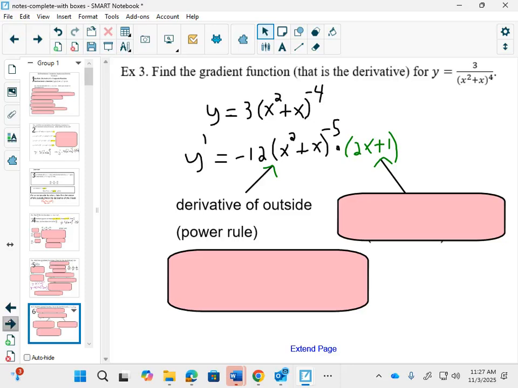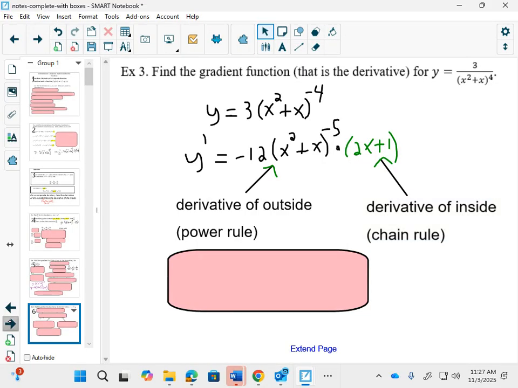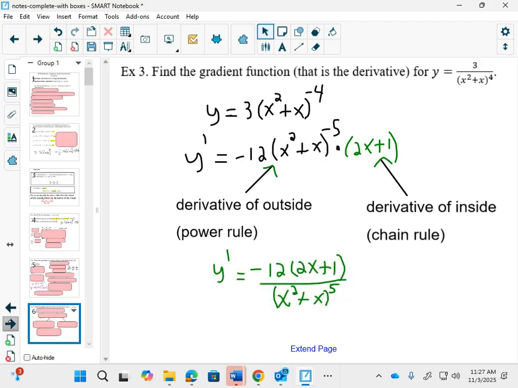The chain rule has that as well. You first do the derivative of the outside function, you keep the inside the same, then you multiply by the derivative of the inside function. And you can write it like that if you want, or I would keep it how it was originally. And we're going to do this from now on.